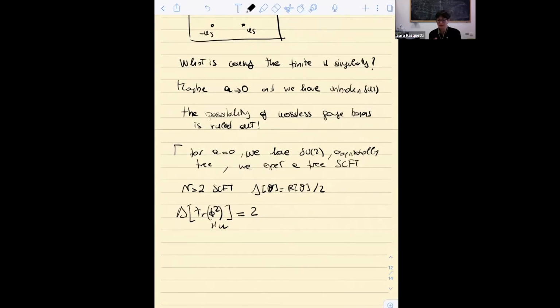So the point is, can it be that this object is non-zero? Because we are claiming that we sit at points where u is finite. If u is non-zero, it means that we are giving a VEV to something which has a mass dimension, because this guy has mass dimension 2.